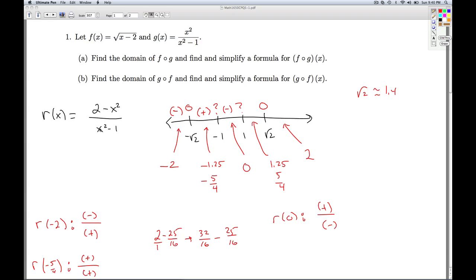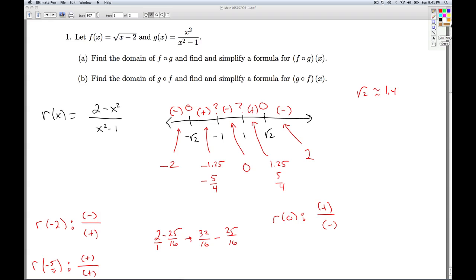In fact, r of x is what we call an even function. So if you remember back to chapter 1, whatever happens at negative 5/4 is going to be the same thing that happens at 5/4. So if I plug 5/4 in, I'll get the same thing I got at negative 5/4, which will be a positive number. And if I plug 2 in, I'll get the same thing I got at negative 2, so I'll get a negative number.